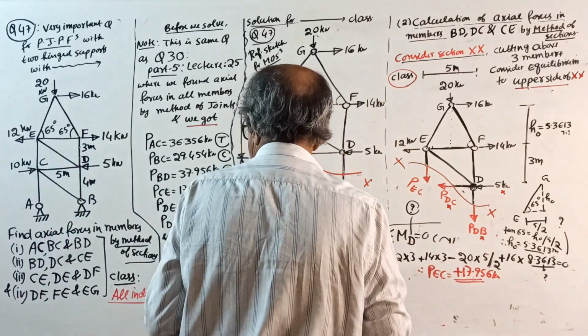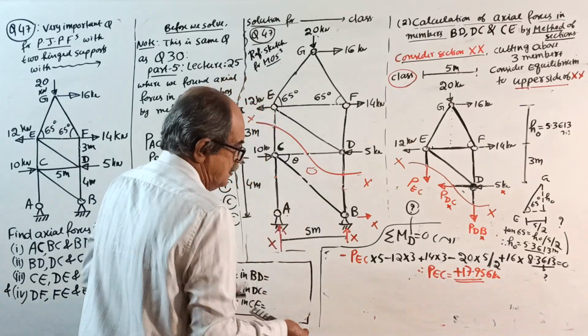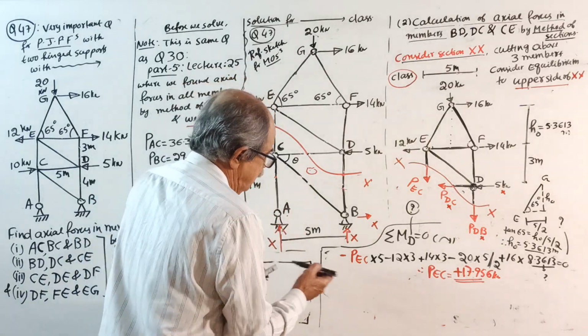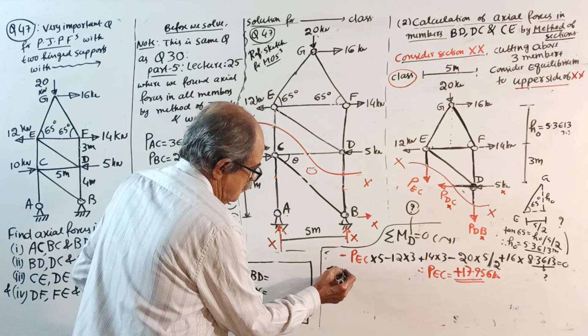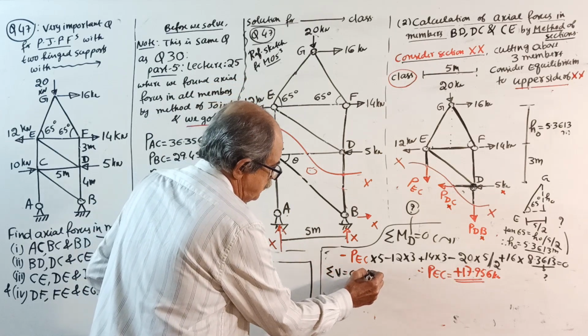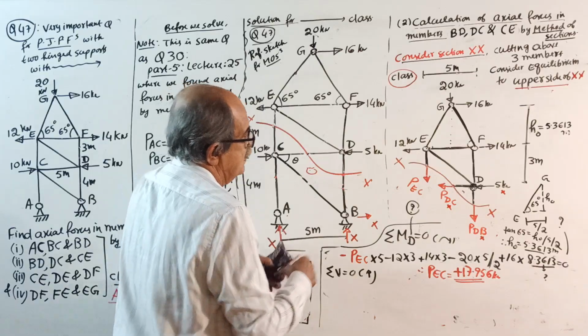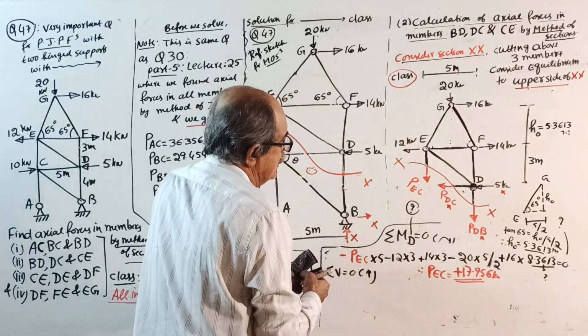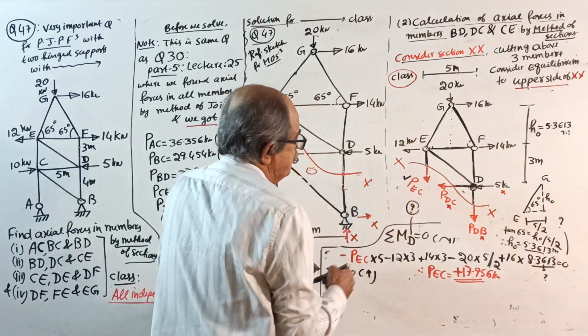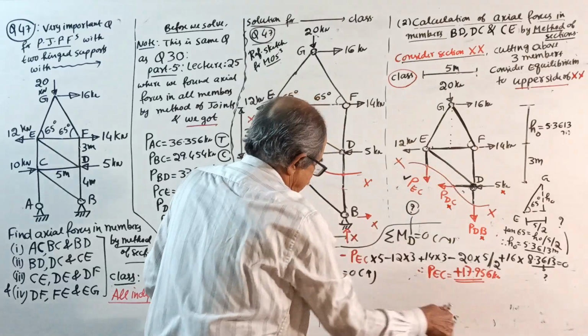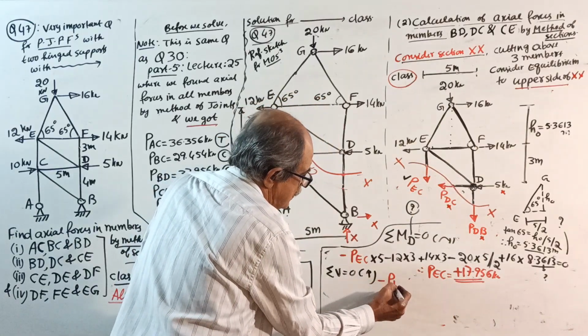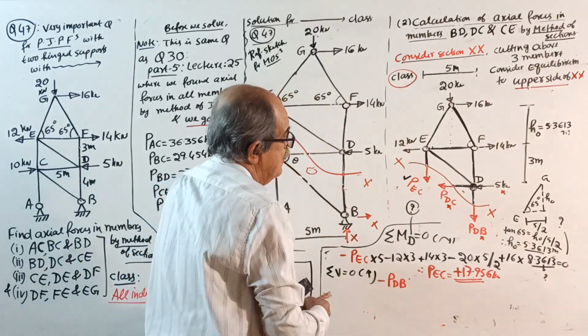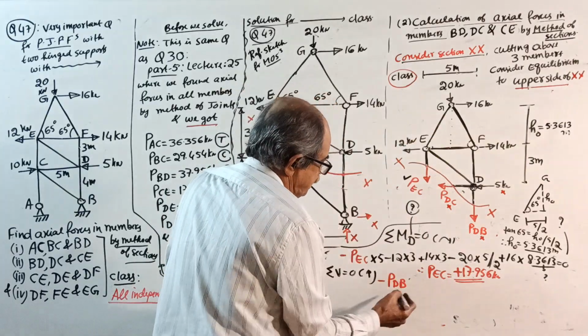Okay, now, once you got that one, what you have to do? Now, sigma V equal to 0. Take upward positive. Minus, already we got the value of which one? Already PEC came. Minus PDB, then minus PEC.